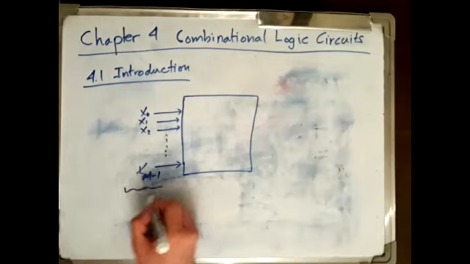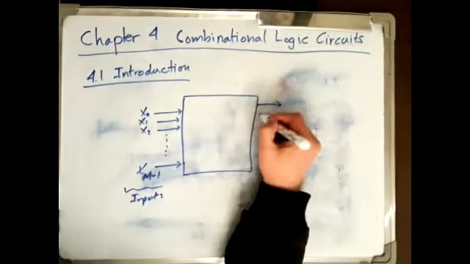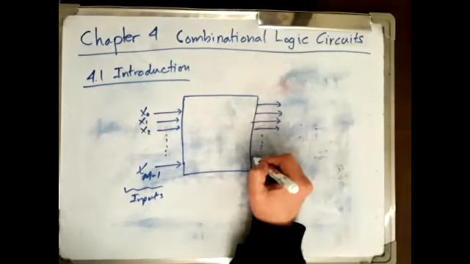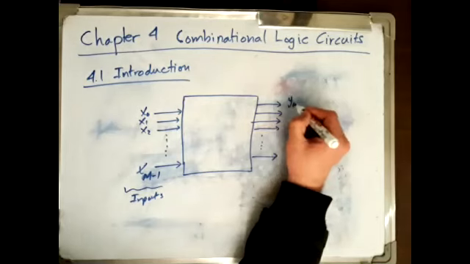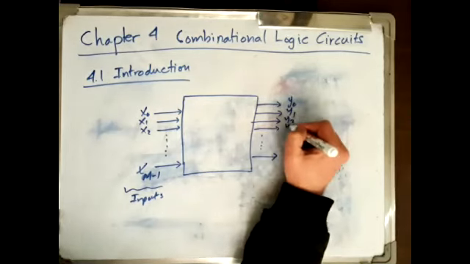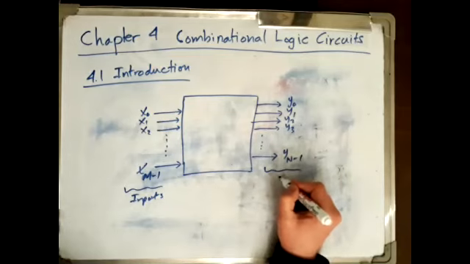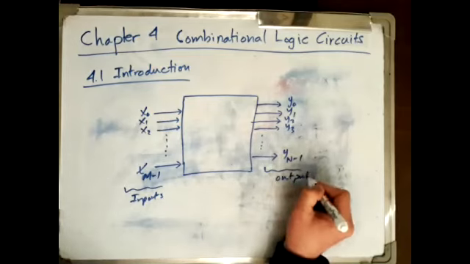So these are the inputs. And this digital system or logic circuit may have a certain number of outputs, y0, y1, y2, y3, up to y(n-1). So we have here the outputs.